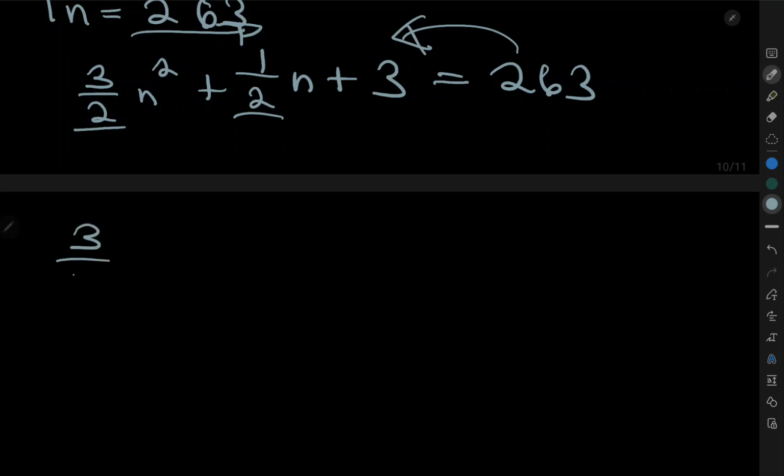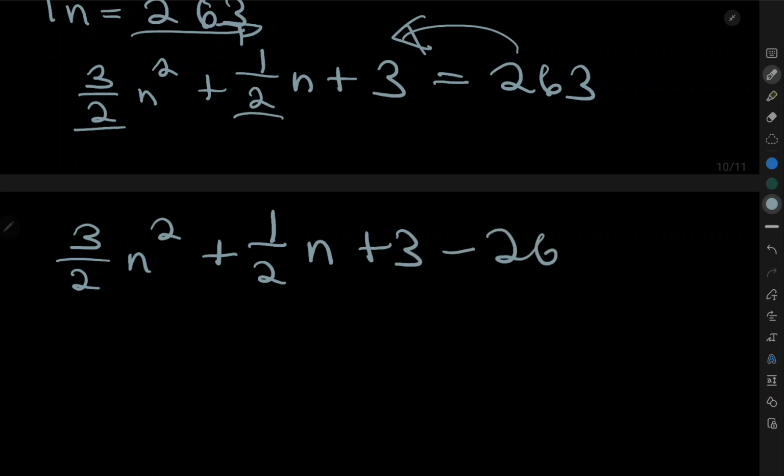So I'm going to have 3 over 2 n squared plus half n. And if I transpose that, I'm going to have minus 263 equal to 0. And these are like terms, and we can solve them to get the value of minus 260.